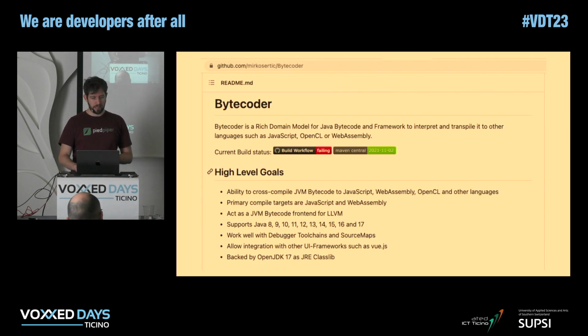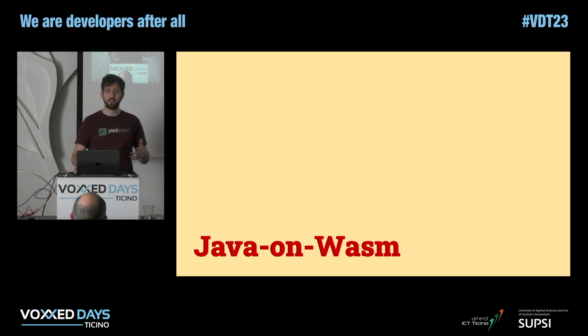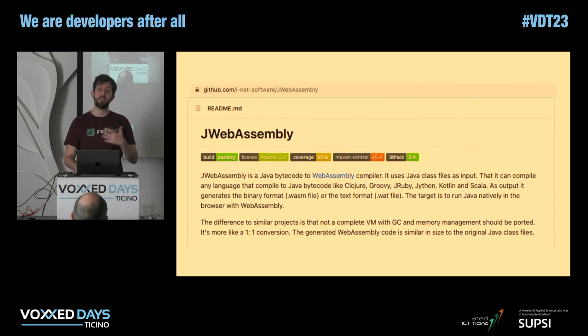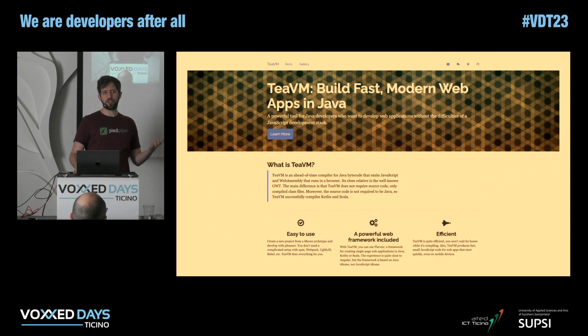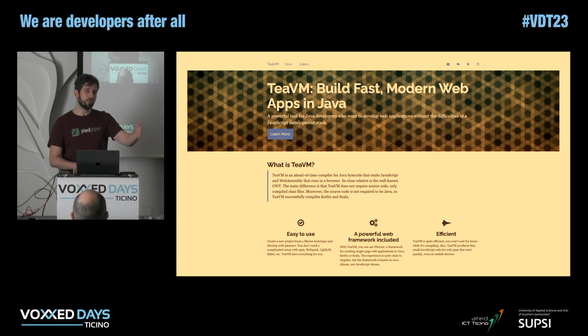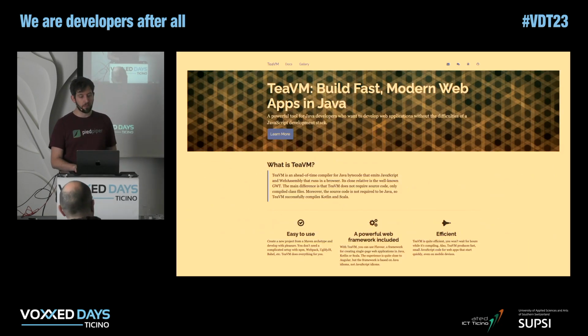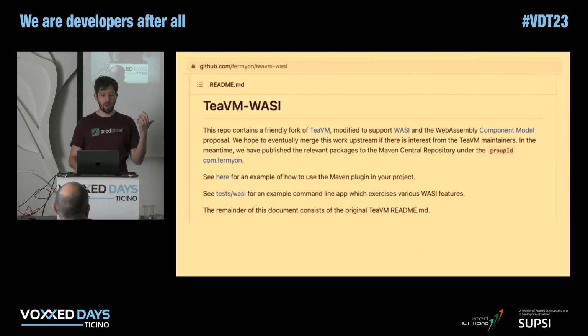I don't think we have enough time to talk about this, but there are a lot of interesting projects that are trying to target WebAssembly through compiling Java or Java bytecode. Of course, J2CL compiles Java source code into JavaScript, but nowadays it's also starting to support WebAssembly, and there are others such as Bytecoder, JWebAssembly, TeaVM.